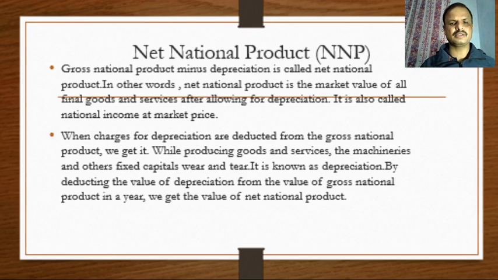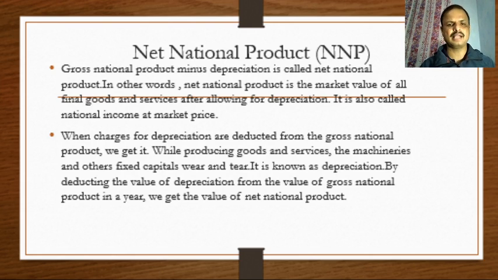While producing goods and services, the machines and other fixed capital suffer wear and tear. That is known as depreciation. By deducting the value of depreciation from the value of gross national product in a year, we get the value of net national product, NNP.